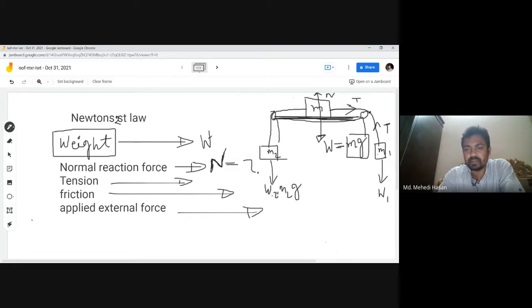If we take w2 equal to m2g, then the tension will act along that direction, which is T2 for m2, and the tension on the M object will be T1 along that direction. So this T1 and T2 are not the same, but the tension is acting on M and also m2.